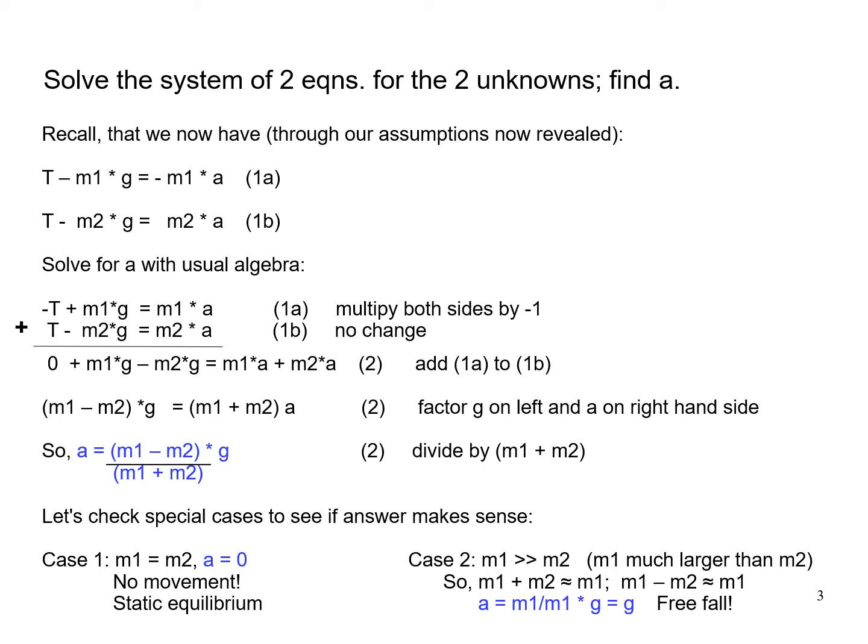Now this is exactly what we would expect to find in a simple free fall experiment. The mass m1 would accelerate at the rate g. If mass 2 were small enough, it does not have an impact on the system, and so m1 falls as if it were in free fall. So this checks out. Our solution for acceleration has the appropriate units, and it holds up against our intuition as to how we expect the system to behave in a few special cases.